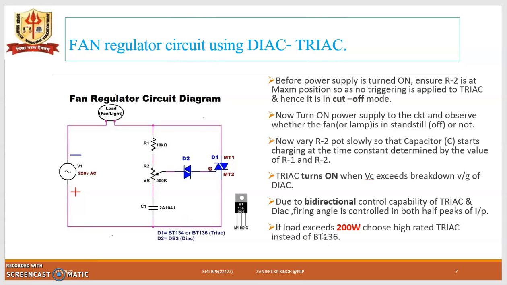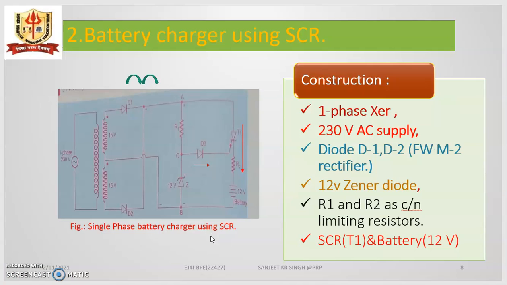If the load exceeds 200 watt, if this fan rating or motor rating is more than 200 watt, then we can use a triac other than BT136. So that was the fan regulator.